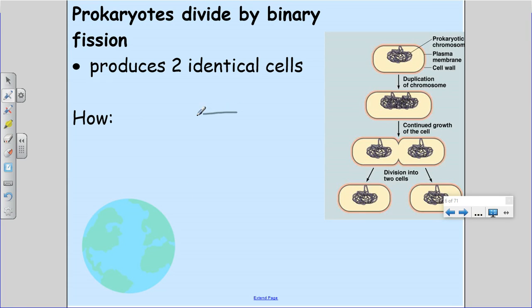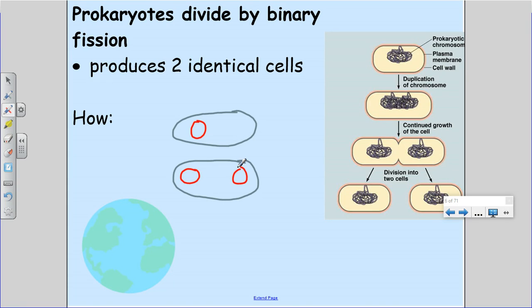So if we have a bacteria cell, of course it will be unicellular. It also has one circular chromosome. In order to make two cells, the first thing that we would have to do is to make a copy of that chromosome. If you don't make a copy of it, then each cell will not get identical DNA.